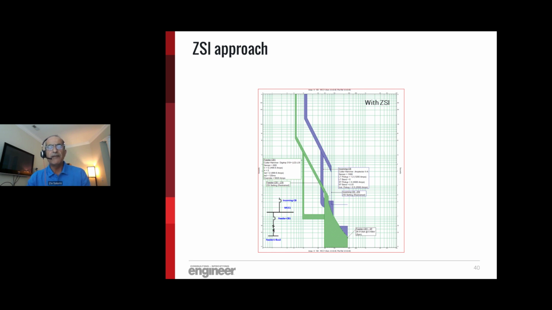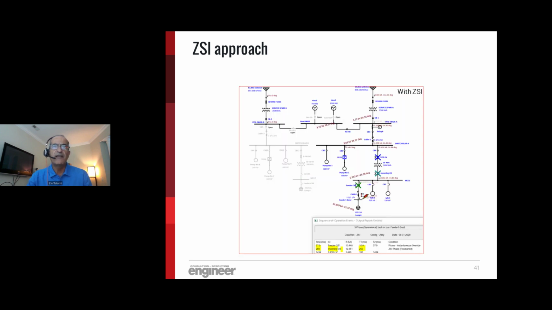But at the same time, we can have coordination with the downstream breaker, because the downstream feeder breaker CB1 can prevent or delay the incoming circuit breaker from tripping on its instantaneous part by the time delay that we assign. Let's say in this case, next slide, we assign a 250 millisecond time delay.